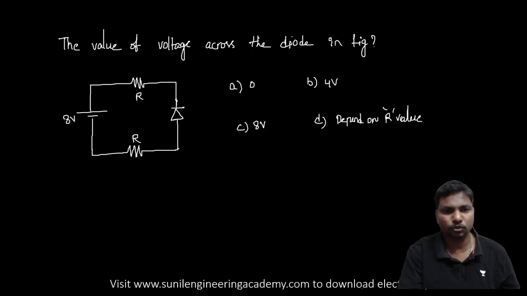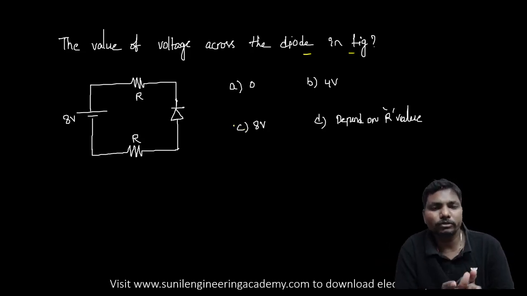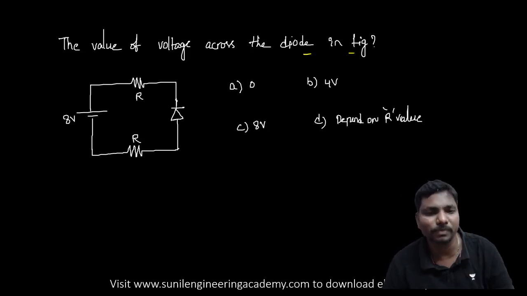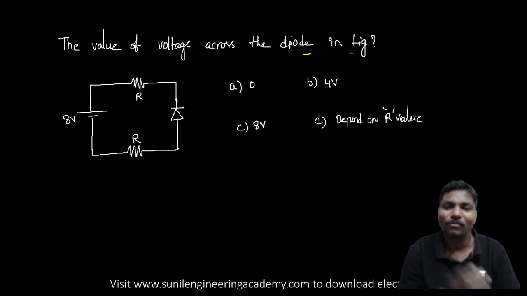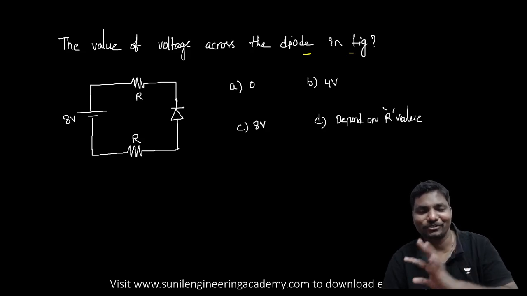Coming to the next question: the value of the voltage across the diode in the figure is dash. All the electrical students feel that whenever a problem belongs to diodes, whenever we see a diode in the circuit, you can share in the comment section, we feel it is a foreign question.